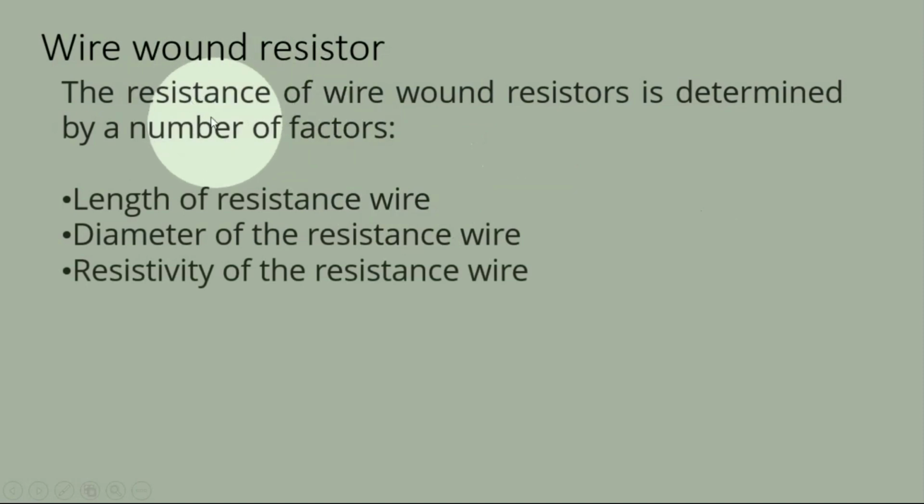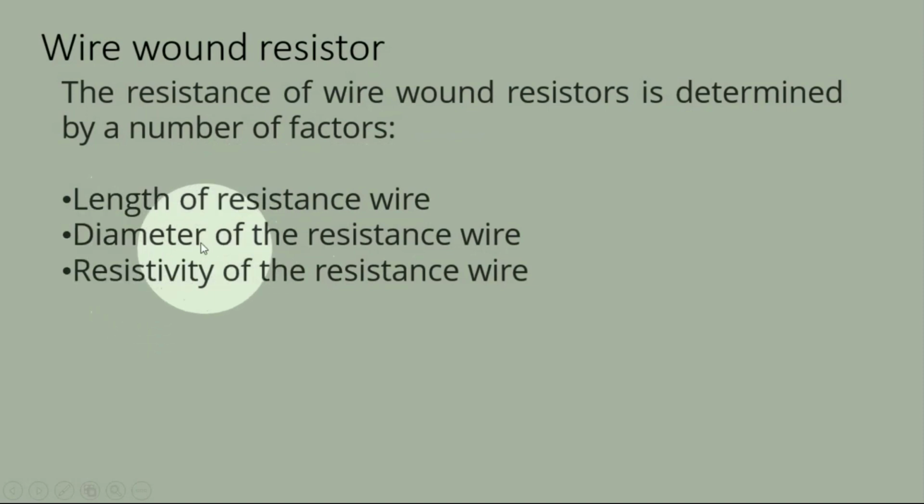Now, the resistance of a Wirewound resistor is determined by a number of factors. These are the length of the wire. Actually, the length is directly proportional to the resistance. Also the diameter.